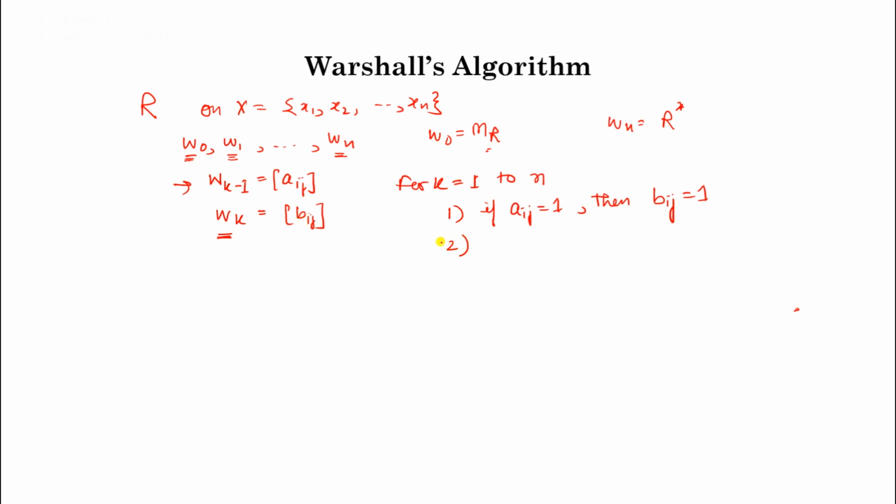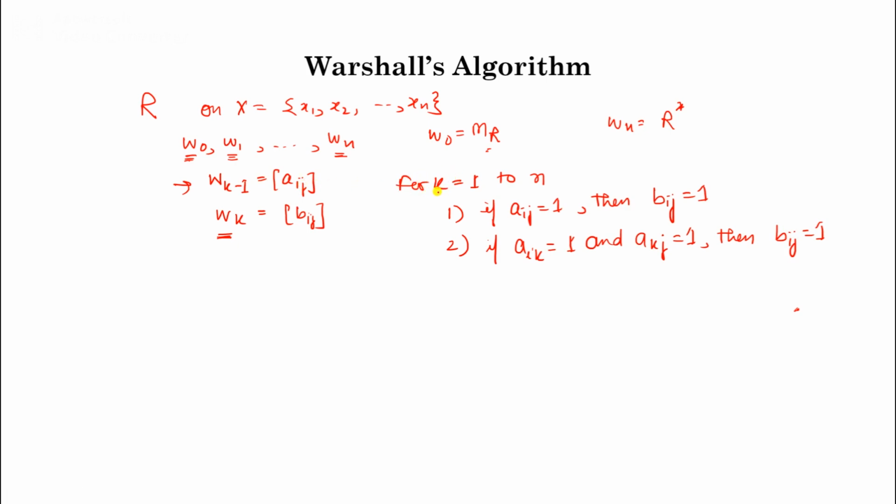Now the second thing: if Aik equal to 1 and Akj equal to 1, then Bij equal to 1. It means we start with k equal to 1 to n, so each time we have a particular value of k.